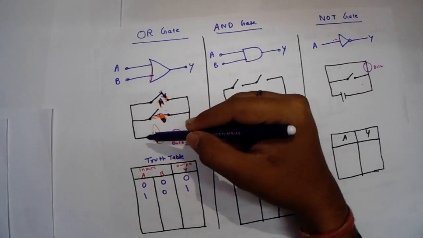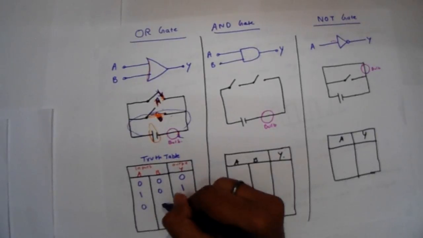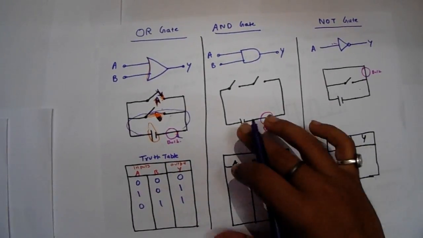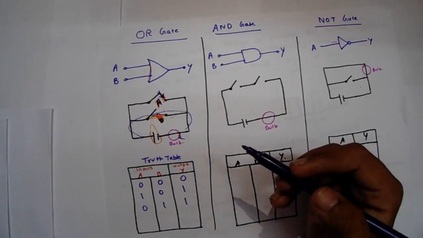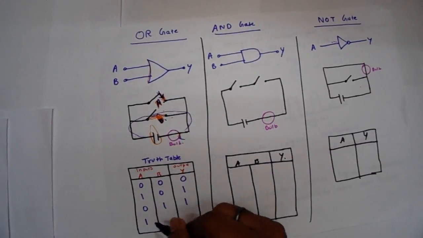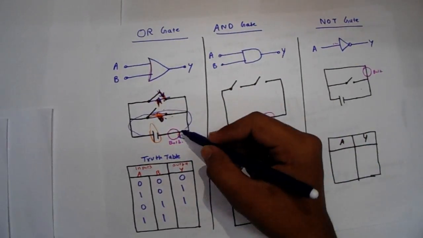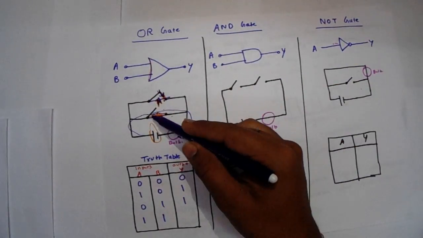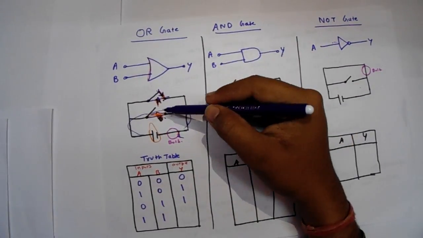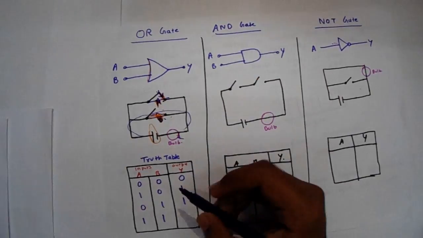The circuit is closed here, the bulb will glow, so we write this as glowing. Now suppose both the switches are in closed position, the circuit is completed fully, the bulb will glow. Either you complete a single switch or both, no matter, the bulb will glow.